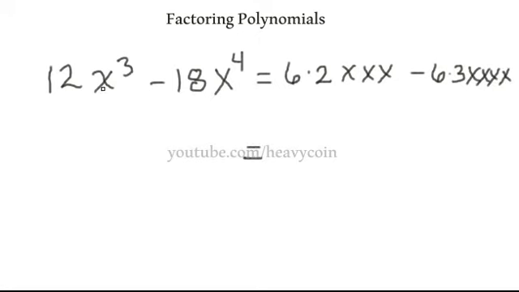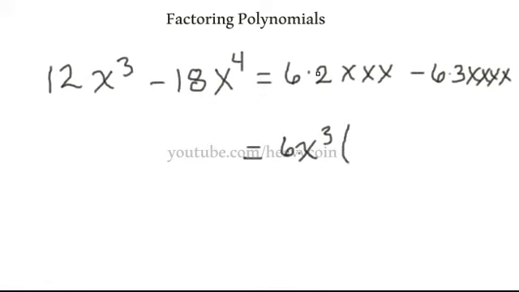So when we look at this, we have an x in this term here, and an x over here in this term, so we're going to factor an x out. We always look at the one that has the smallest exponent, and that's what I'm going to pull out, an x to the third. Now we have a 6 that goes into 12, it's the largest number that goes into 12, and 6 is also the largest number that's going to go into 18, so we're going to pull out a 6.